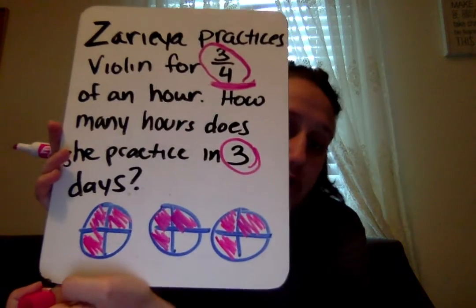And you're going to color in 3 of those. This is how we would do this as a picture. 1, 2, 3, 1, 2, 3, 1, 2, 3. So I colored in 3/4 for each one because there's 3 days. This is day 1, day 2, day 3.